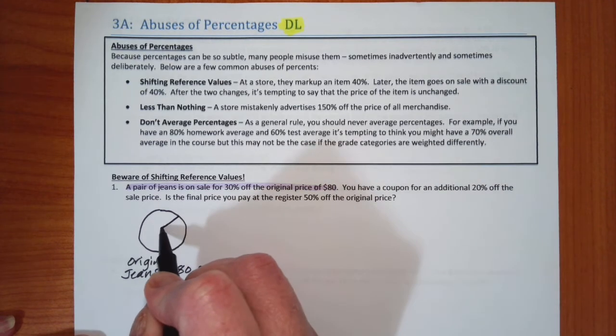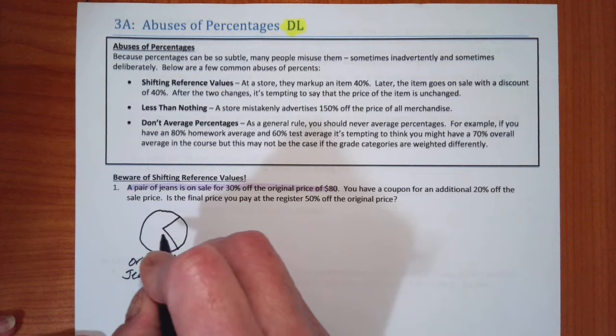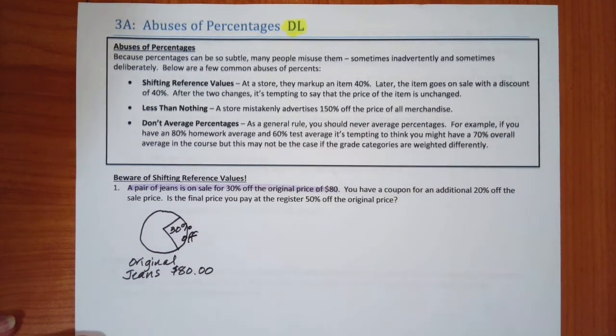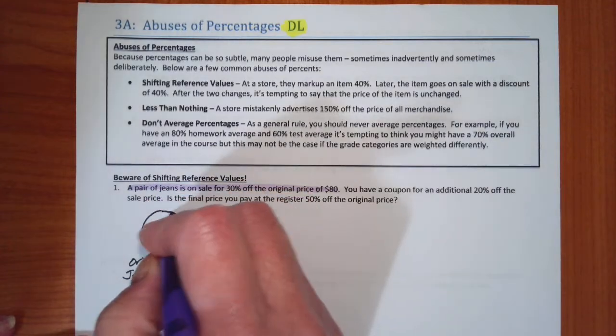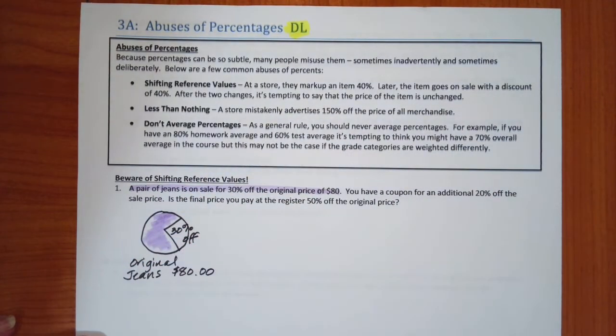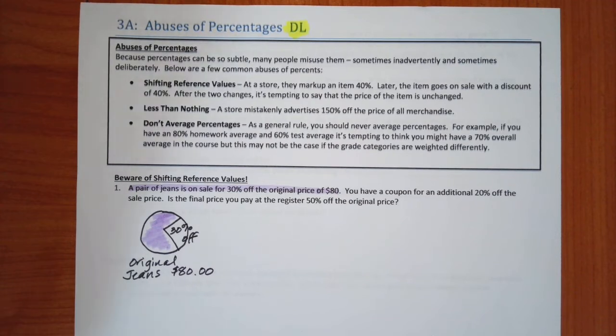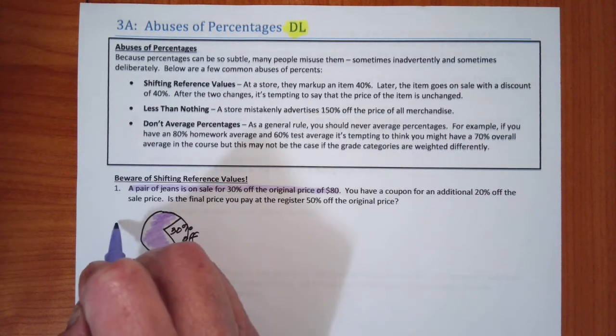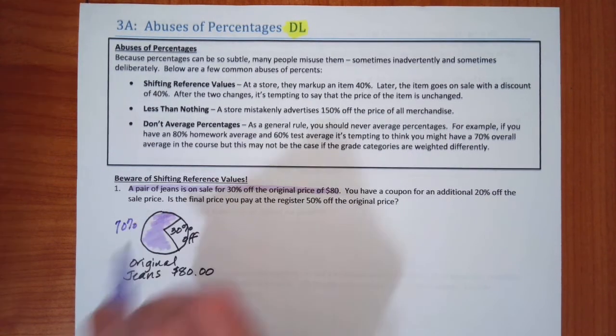And we are going to get rid of 30% off. So what that means, if we remember from our prior units, if you're taking off 30%, that means what you have left is 70%, what you pay.